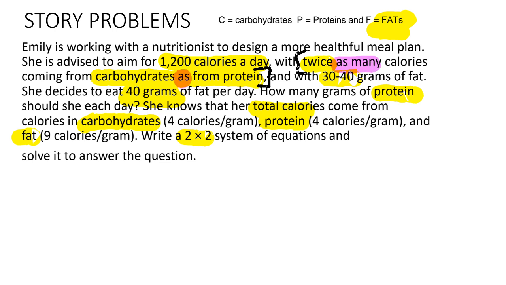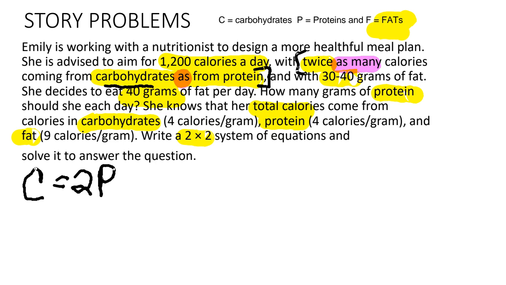That phrasing in mathematics, as many as, has the word carbohydrates between those two highlighted words, which means the carbohydrates is equal to twice as many proteins. The phrase as many as is talking about carbohydrates. We have twice from proteins.